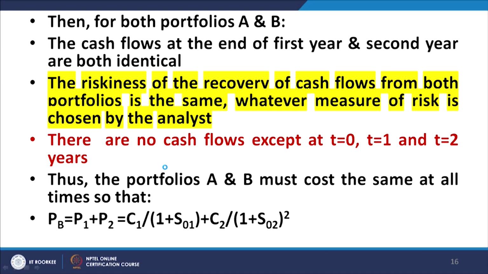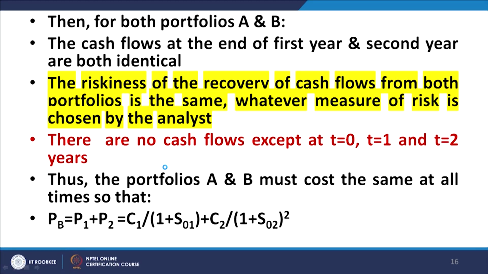What does that mean? That means that the value of the bond Pb must be equal to P1 plus P2. In other words, the market price of the bond Pb will be equal to P1 plus P2. Substituting P1 and P2 in terms of C1 and C2, what we get is that Pb is equal to P1 plus P2 is equal to C1 upon 1 plus S01 plus C2 upon 1 plus S02 whole squared.